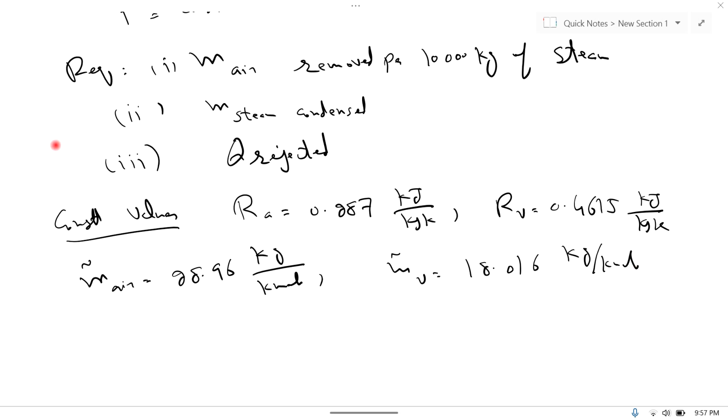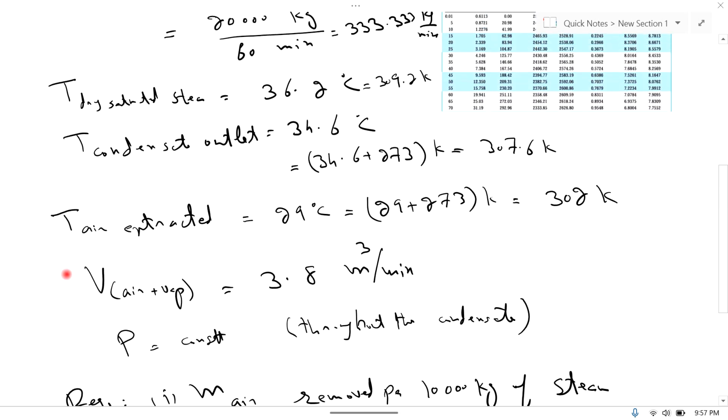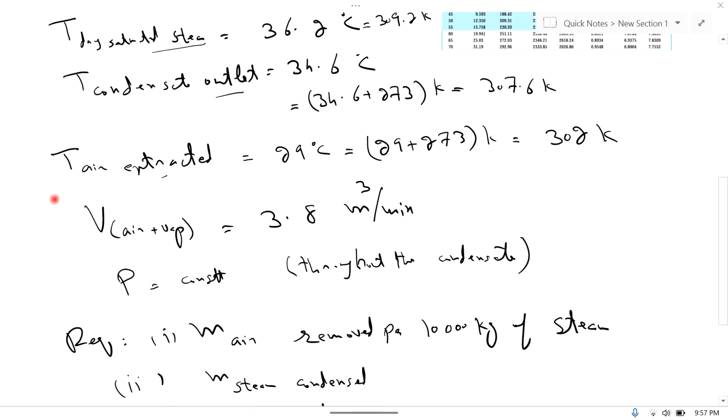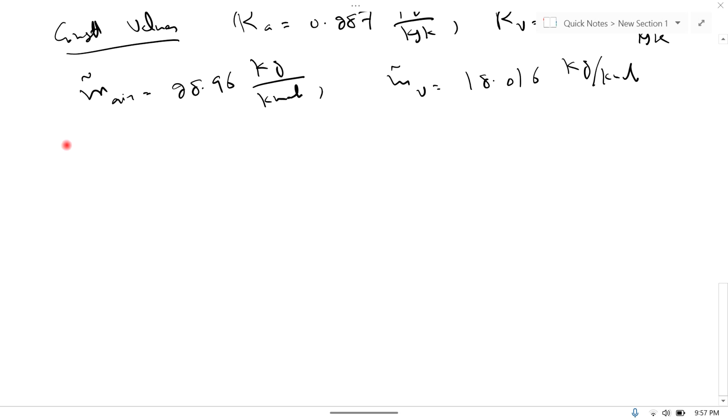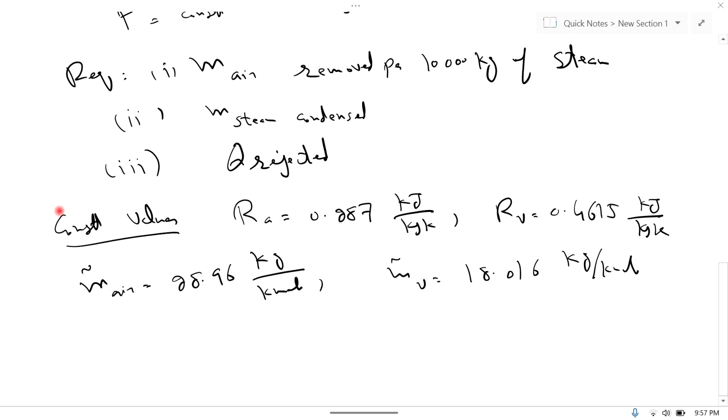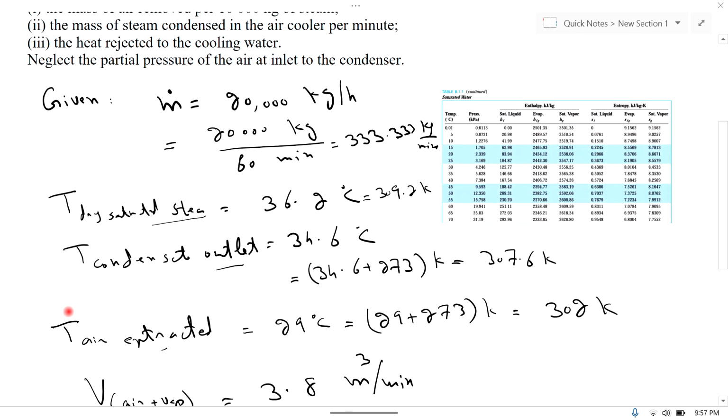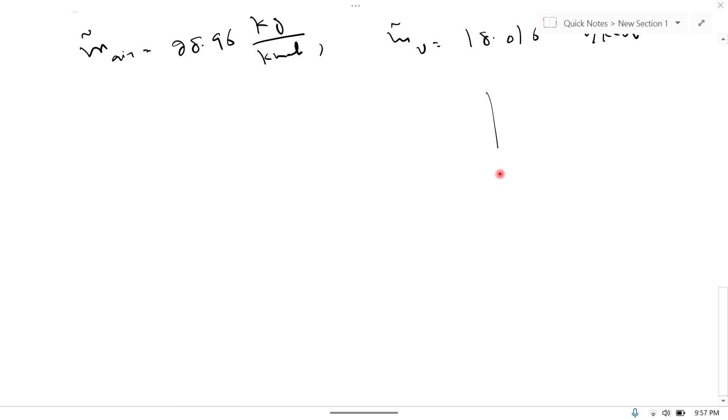Now three temperatures are given to us: dry saturated state, condensate outlet, and air exit, and all are in the saturated region. Let's suppose this is a T-V diagram, temperature in degree centigrade and V in volume in cubic meter per kg.